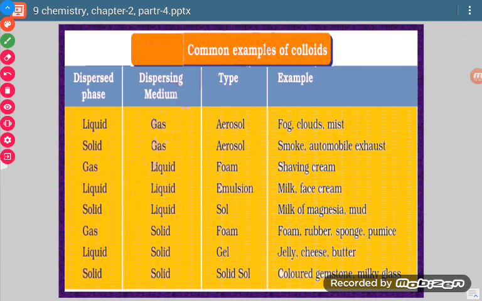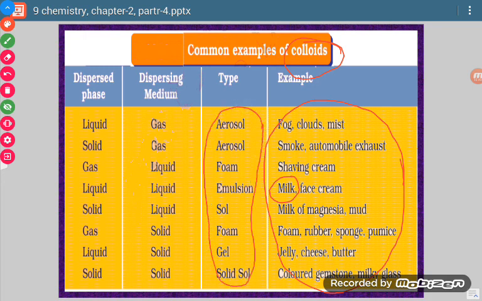Now here are some examples which are in our daily routine. We can see these things in our daily life, so they are all examples of colloids. Now see, these are all different names, different types of colloidal sols. If we take milk, then the dispersed phase is in liquid state and the dispersion medium is also in liquid state, so this is a type of colloid.